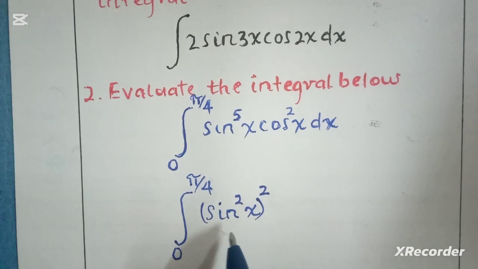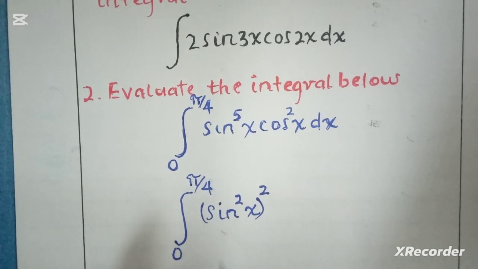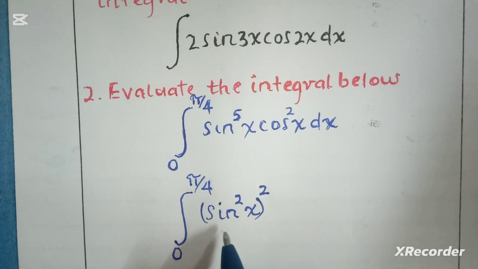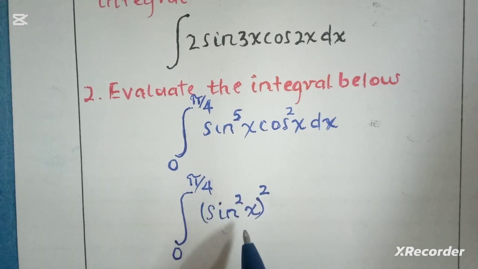You remember from trigonometric identities, we have one that is written as 1 minus cos squared x is equal to sine squared x. And so that is what I am aiming at.